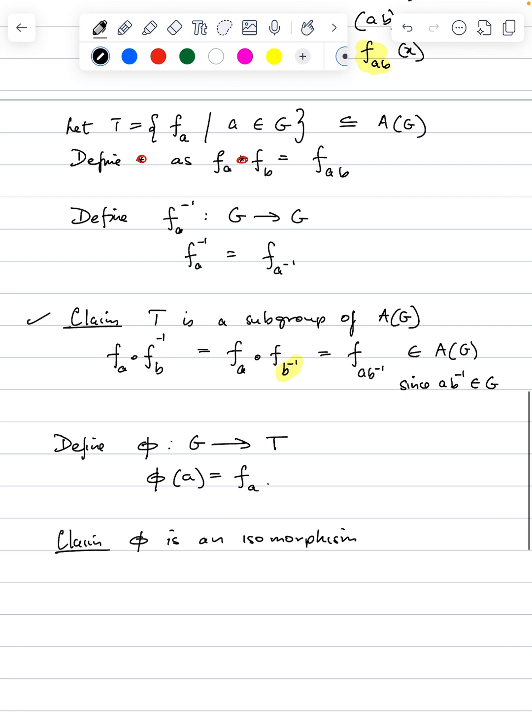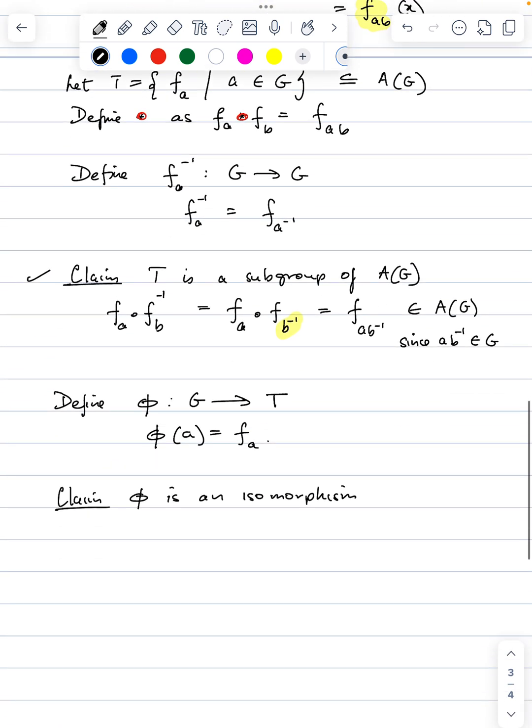That is, G is isomorphic to a subgroup of A(G). To show that it's an isomorphism, we'll show that it is one-to-one, onto, and a homomorphism. So we'll start out by showing that phi is a homomorphism.